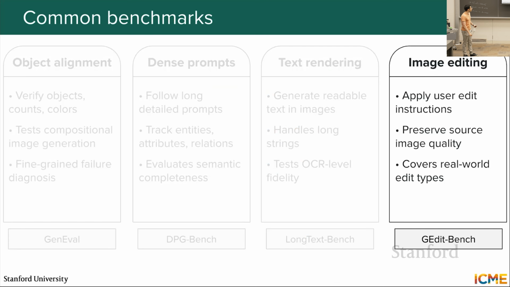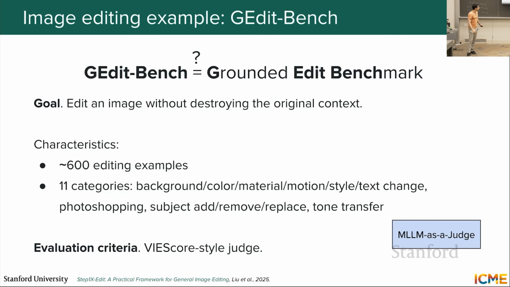And then the last one I will mention is on another image generation mode that is of interest: if you want to operate on top of a given image. So here, grounded edits bench. I put a question mark because the abbreviation meaning is not explicitly spelled out in the paper, but the grounding part is on the input image that is given.